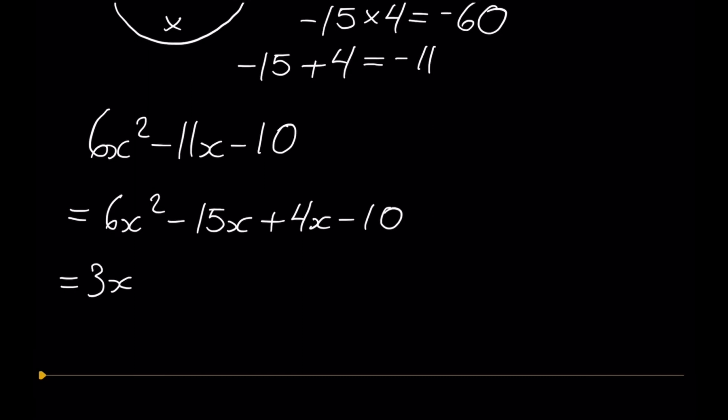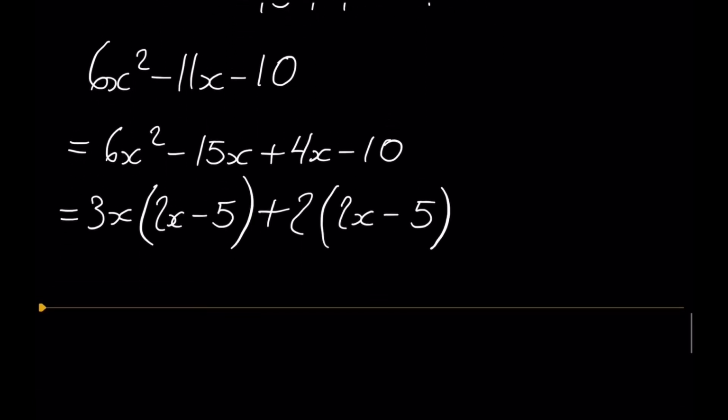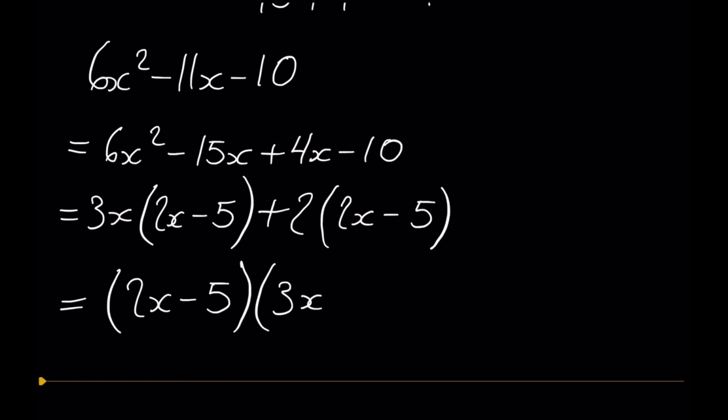So we can rewrite this as 3x times 2x minus 5. And then for 4x and minus 10, the only common factor is 2. So we can rewrite this as 2 times 2x minus 5. Now we've got a common factor in both terms, which is 2x minus 5. And we can factorize this to give us 2x minus 5 times 3x plus 2, which is the final answer.